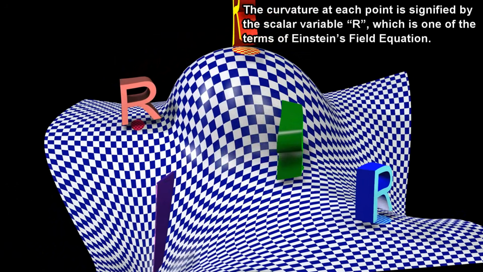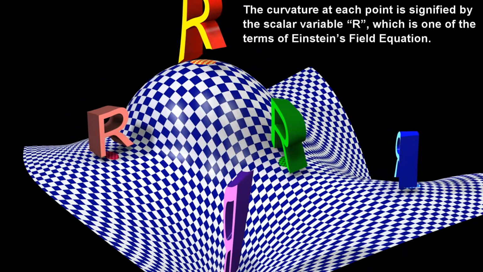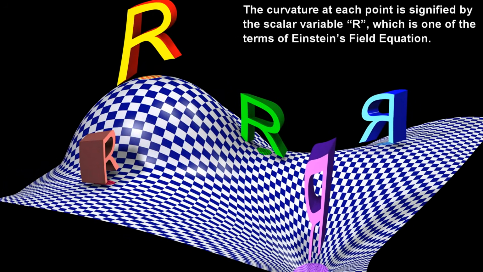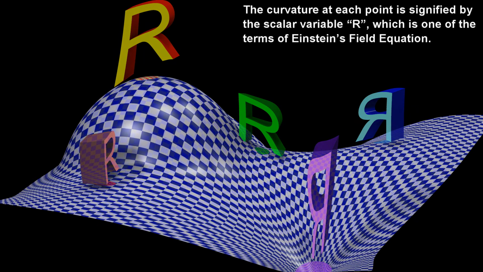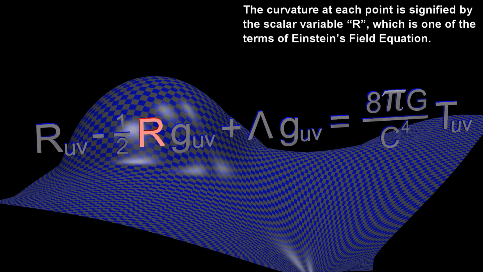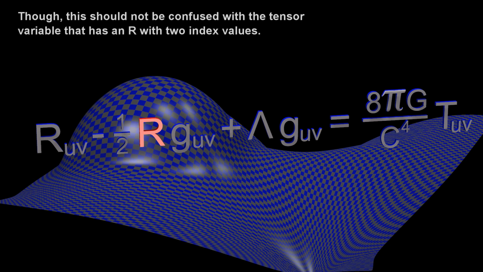The curvature at each point is signified by the scalar variable R, which is one of the terms of Einstein's field equation. Though this should not be confused with the tensor variable that has an R with 2 index values.